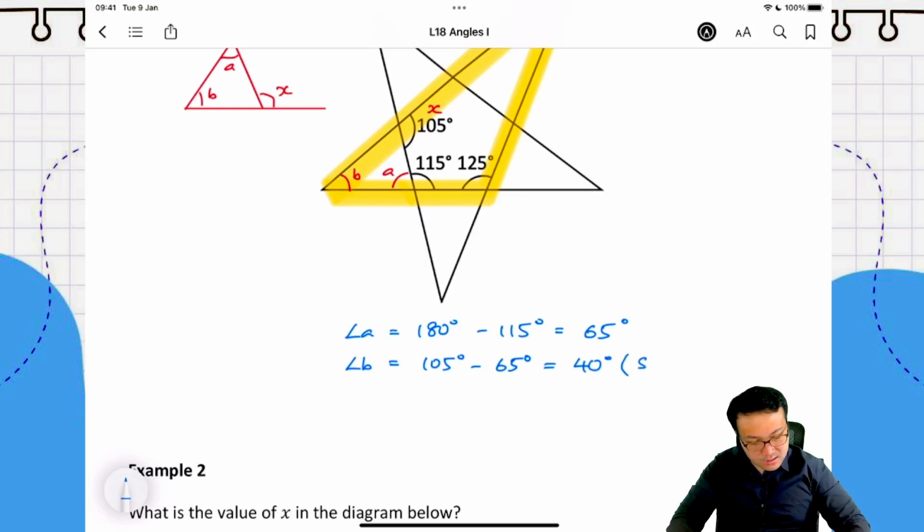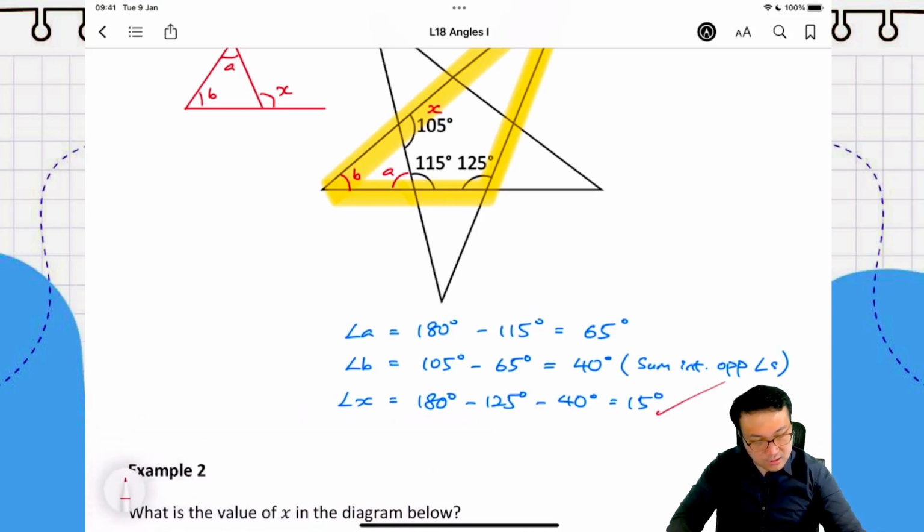So this is using the rule, sum of interior opposite angles. Now, how do you find angle X then? You take the entire triangle, you minus away 125, then you minus away your angle B, and you will end up with 15 degrees. There you go.